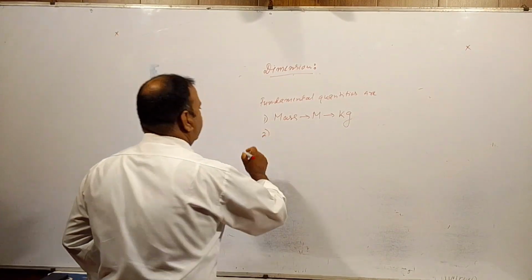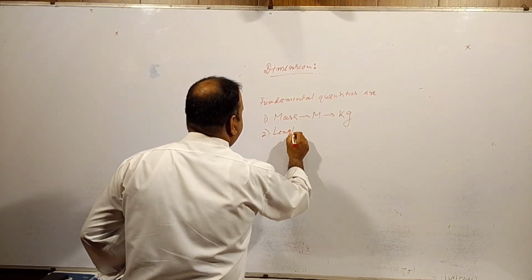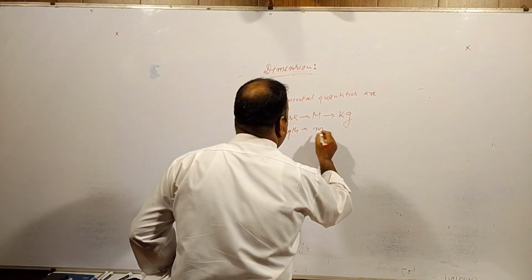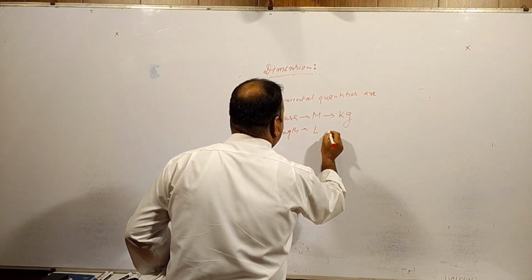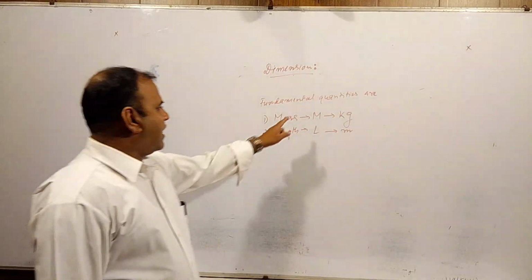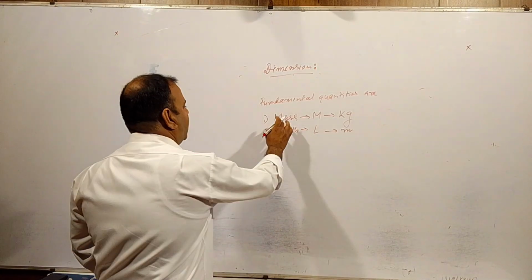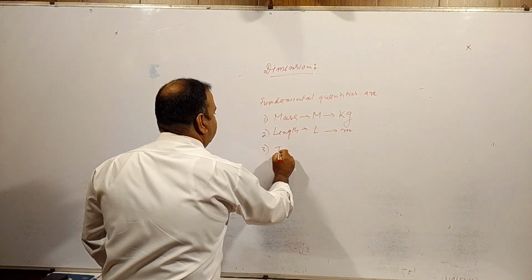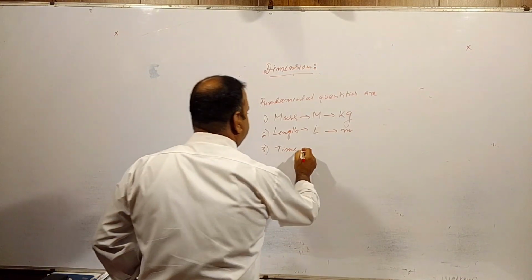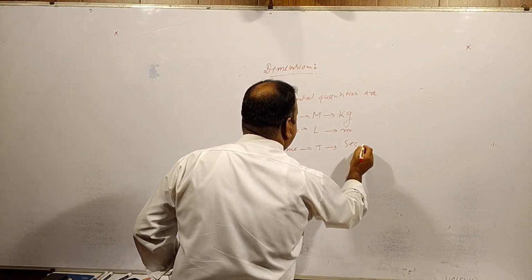Number 2, length. Length is represented by L and basically measured in meter. So mass and length are fundamental quantities. Number 3, time. Time is represented by T, and the unit is second.